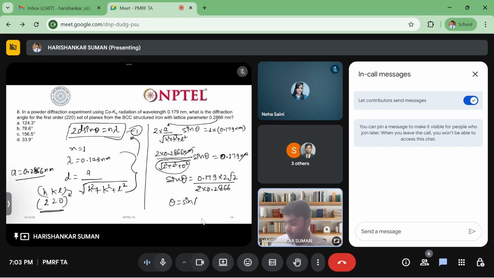Please calculate this number as we calculated before, sine inverse. Now this is theta, 124 and 3 also, which is option F.